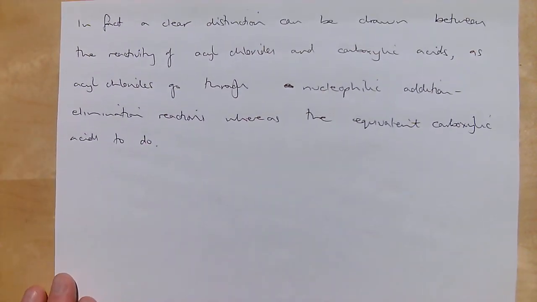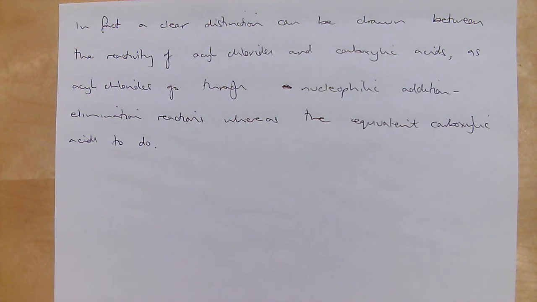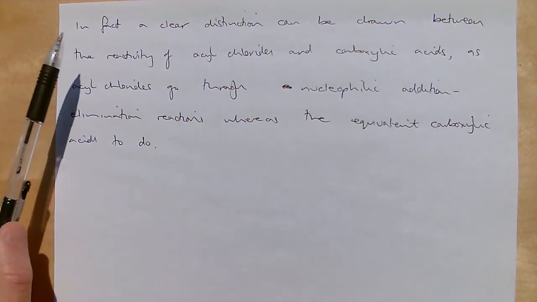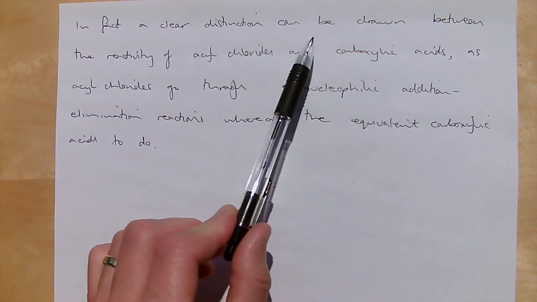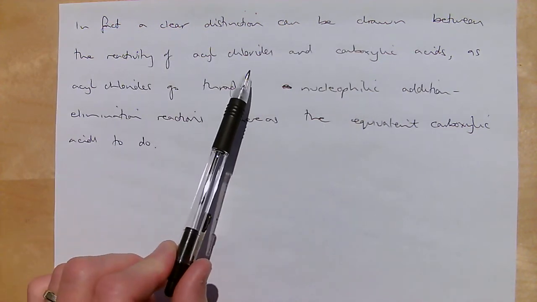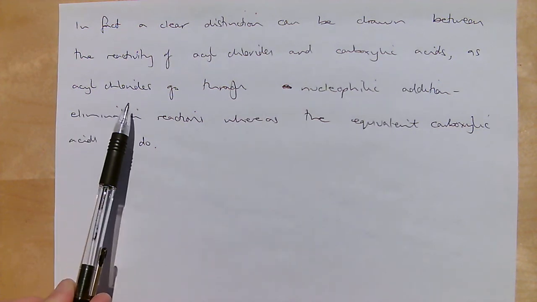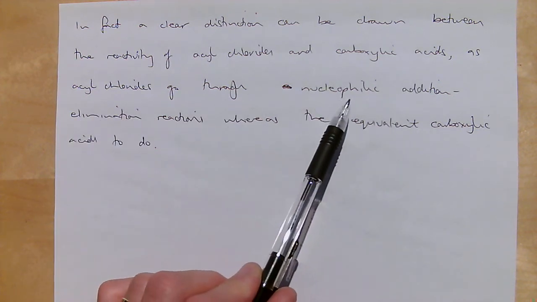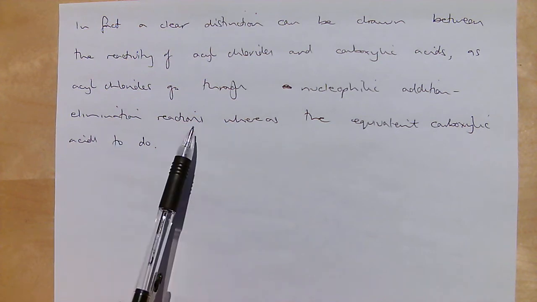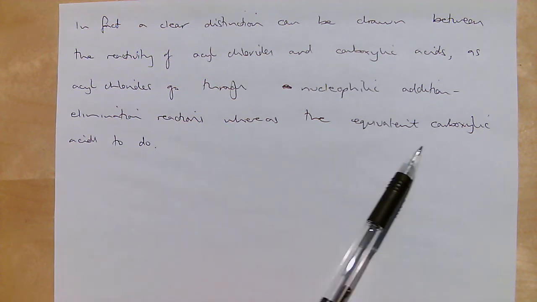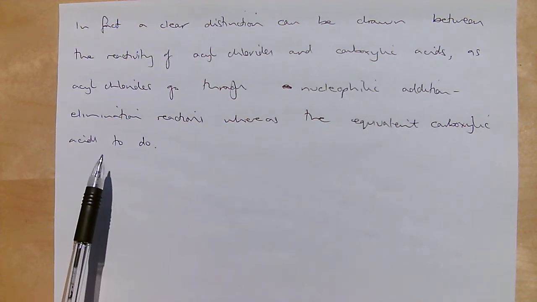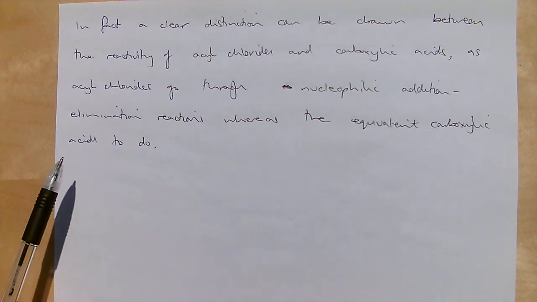Now, as we move on through this topic, you'll see there's a clear distinction in this reactivity. A clear distinction can be drawn between the reactivity of acyl chlorides and carboxylic acids, as acyl chlorides go through nucleophilic addition-elimination reactions, whereas the equivalent carboxylic acids do not. That's something that we'll be coming on to very soon.